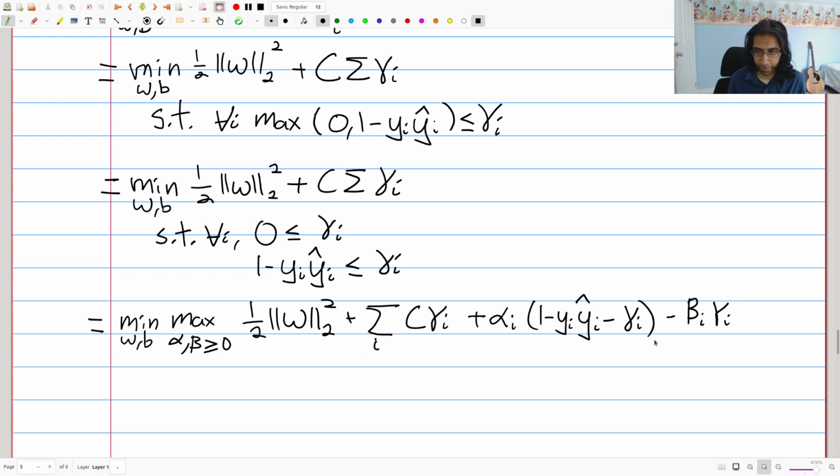And yeah, this is one big summation containing all of this. All we did was move these appropriately, multiply them by dual variables, and put them in the objective function.